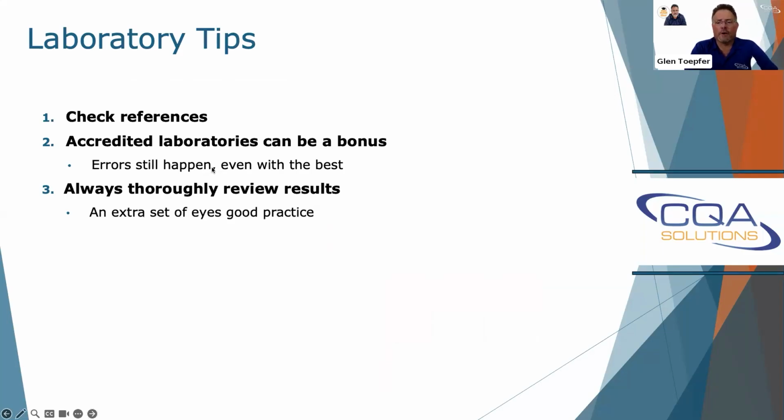You always have to be diligent and review your results. An extra set of eyes on the results during review really helps. That used to be a practice I'd see when I was first in the industry. But before I left, I didn't see engineers getting their work reviewed by anybody like we used to. You'd see nobody's initials on the work anymore.